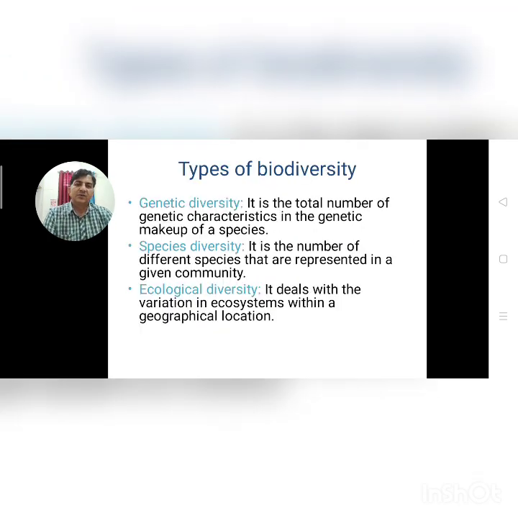So now we talked about the types of biodiversity: species diversity, genetic diversity, ecosystem diversity. Species diversity covers all the species on Earth, including single-celled bacteria, archaea, and protista, as well as the multicellular species of plants, fungi, and animals.